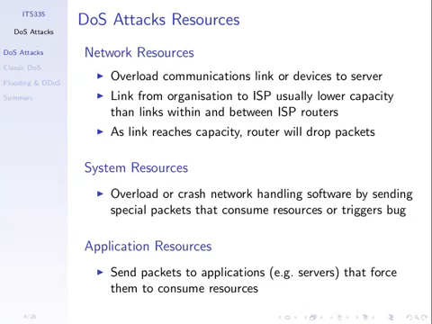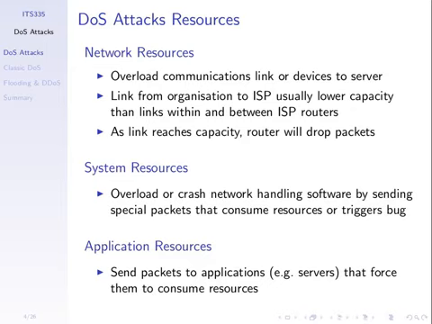If that software doesn't work correctly, then the router may take a lot of time to look at a packet before it sends it on, slowing down all the traffic, and eventually getting packet drops. So some denial of service attacks will try to exhaust the resources of the system that is forwarding the traffic, usually using some bugs. So bugs in network protocols.